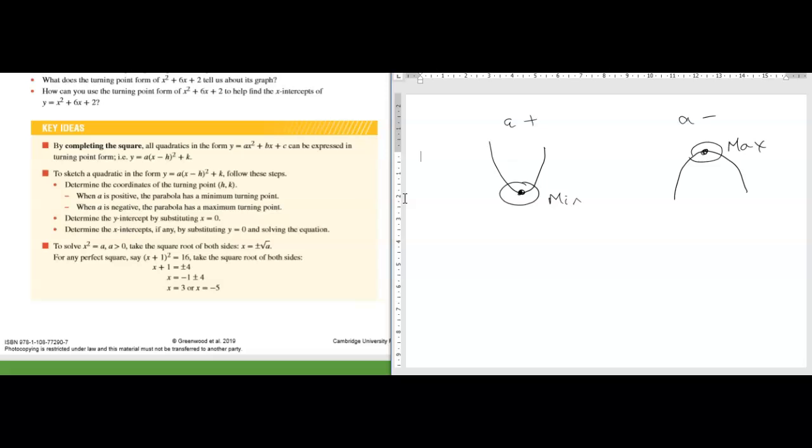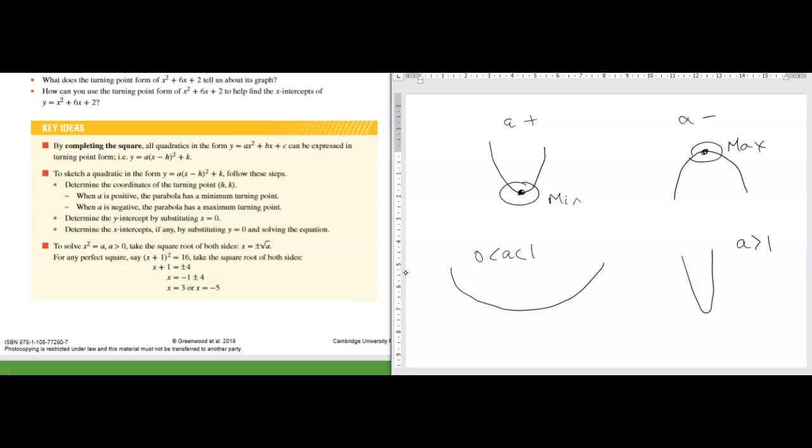Now, a also tells you whether it is made wider or narrower. It becomes wider when a is between 0 and 1, and it becomes narrower when a is greater than 1.